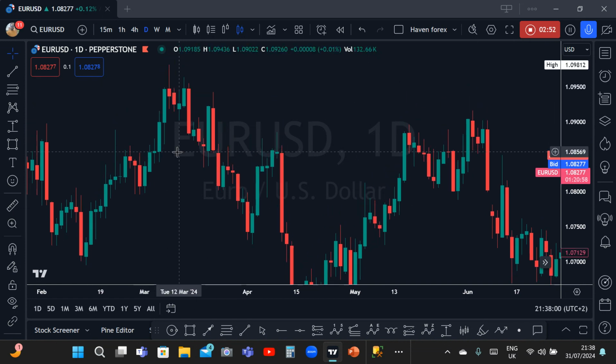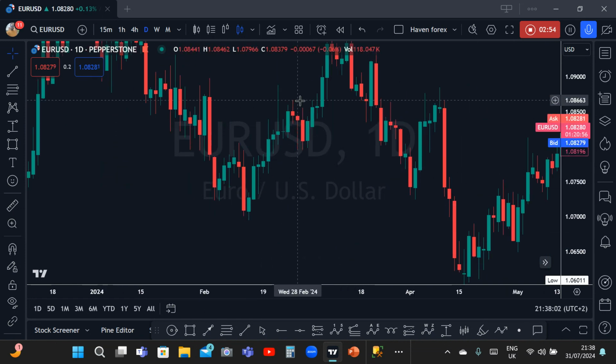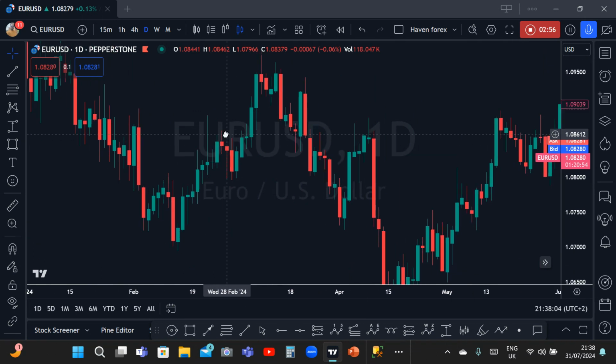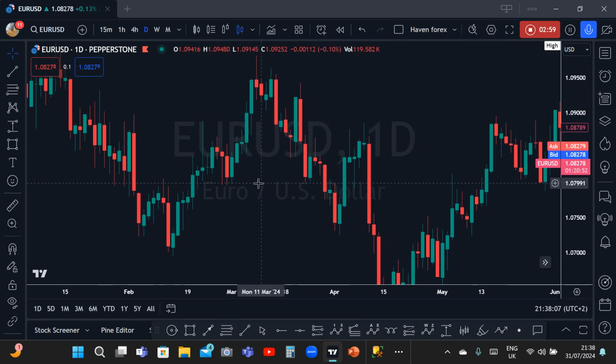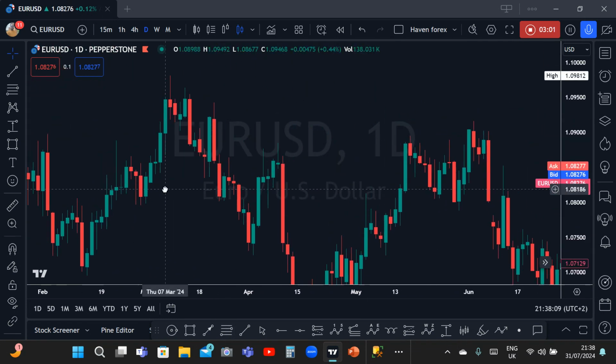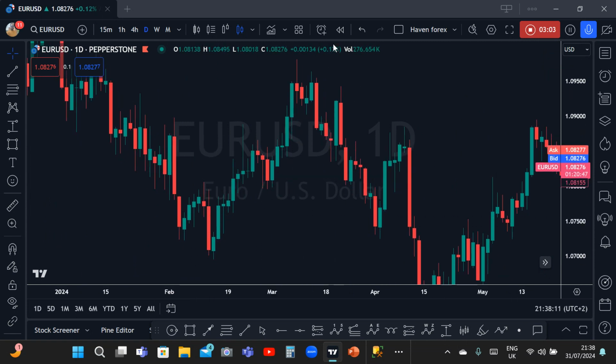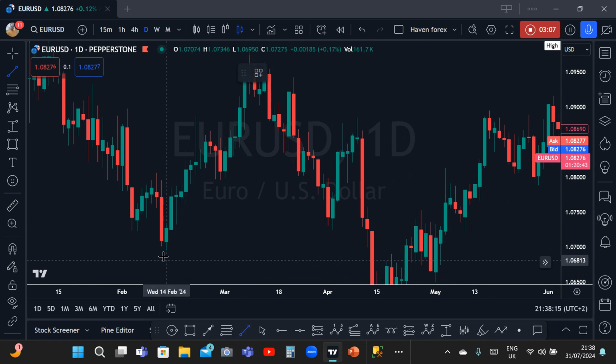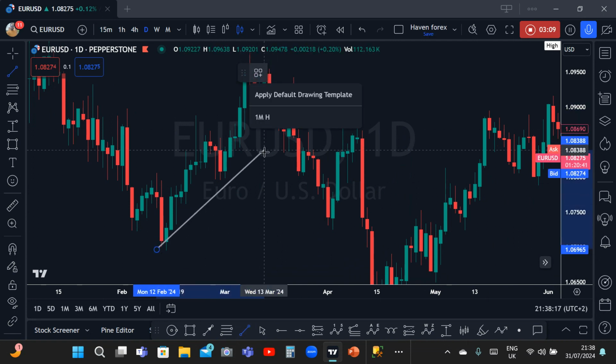So right now, let me pull up my Fibonacci tool so that you can see. For example, here you can see that this very one is a bullish trend like this to this place.